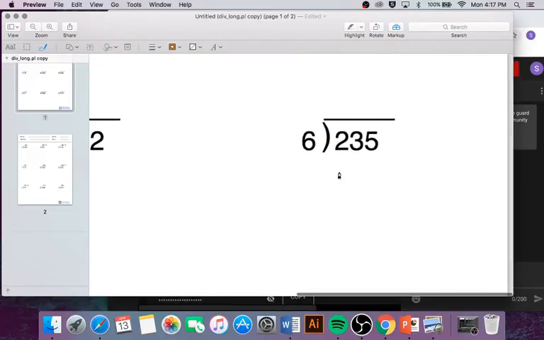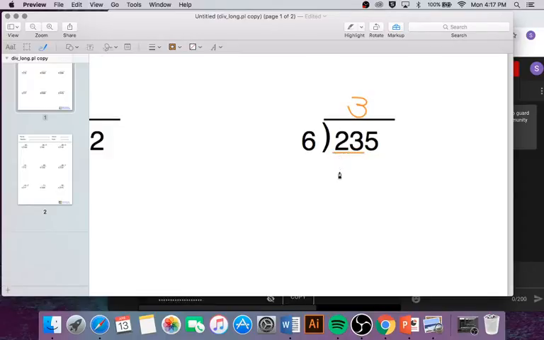Our next problem, we have 235 divided by 6. 6 can't go into 2, so we move over a number and see how many times 6 can go into 23 without going over. 6 times 3 is the closest we can get without going over. 6 times 3 is 18.